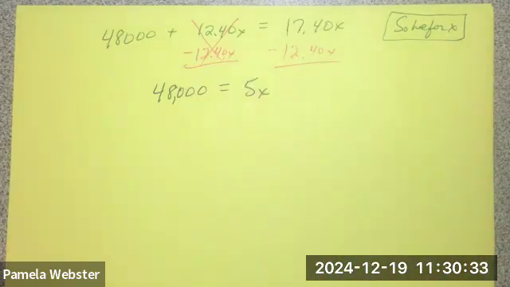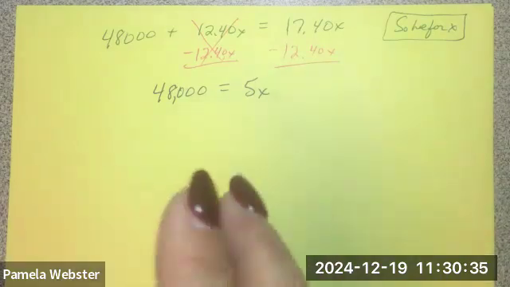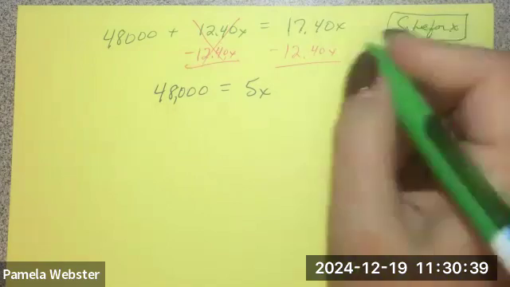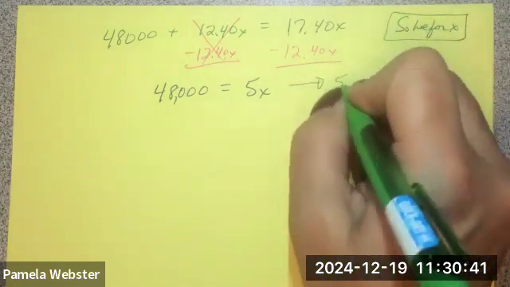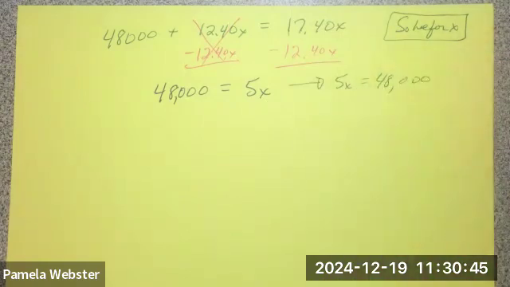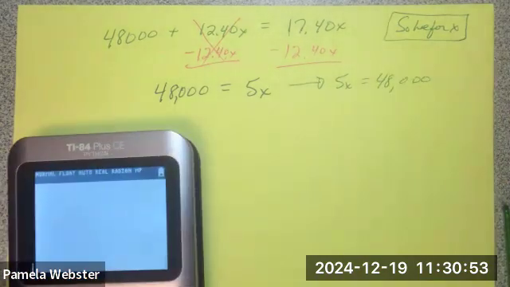You can switch sides at any point that you want to. If you need to do this step, you can just swap these, because that's what I'm about to do. I'm going to move it so that the X is on the left-hand side, just because it's a mathematical convention. We like to have the X on the left-hand side.